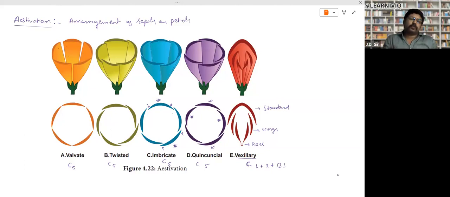Okay. So we studied calyx, we studied corolla. Now come to the androecium, right? Androecium.